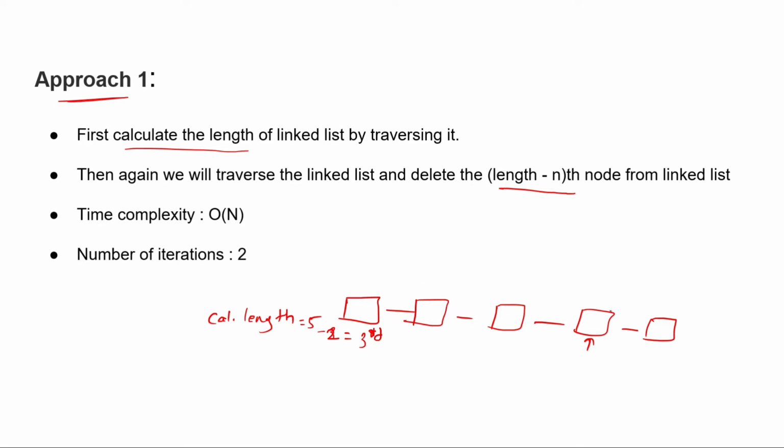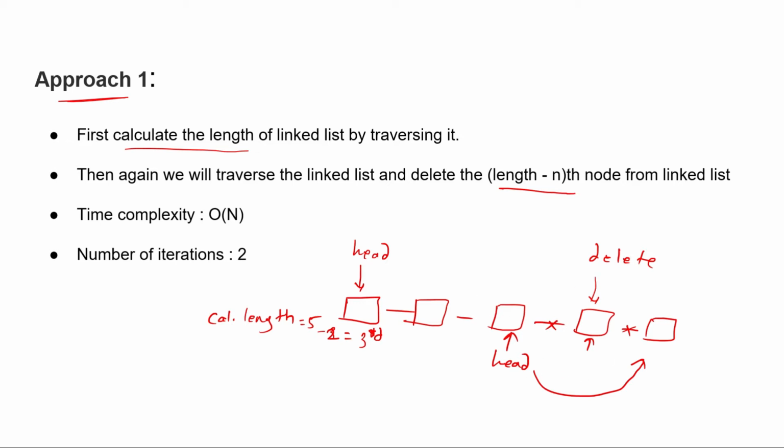After 3 nodes we have to delete the next node, so this will be our head node, and we move 3 nodes from here, and then we will be reaching at this point. Head will be pointing here, then we'll have to delete this node, so we'll directly point here, then remove this linking, and then delete this node. So this will be our first approach.